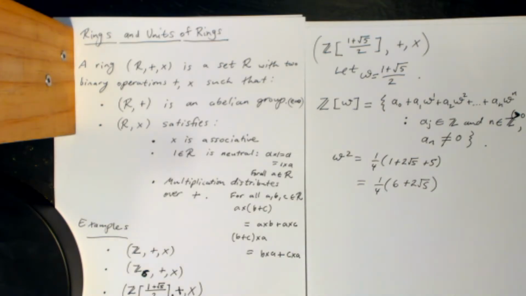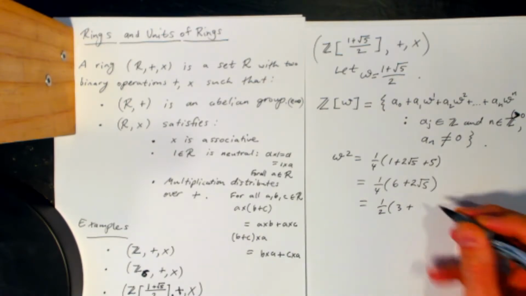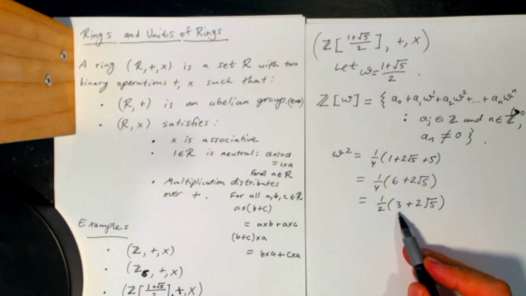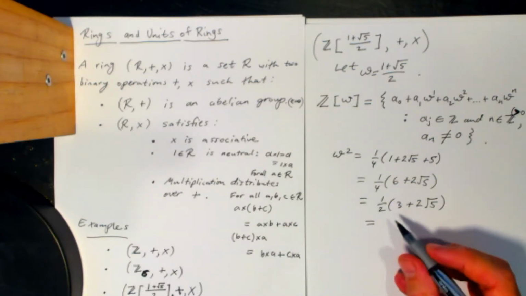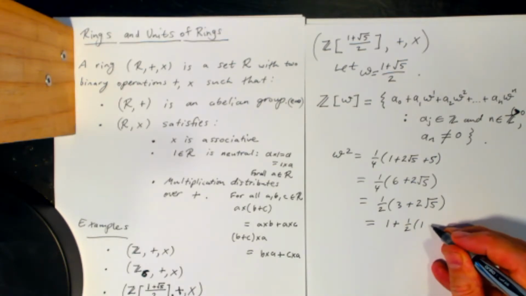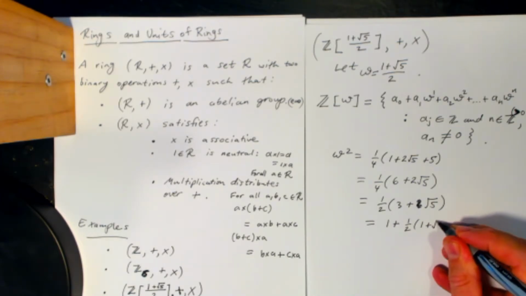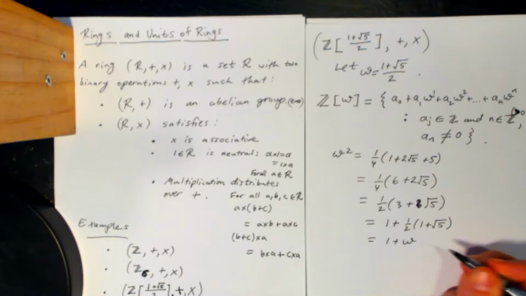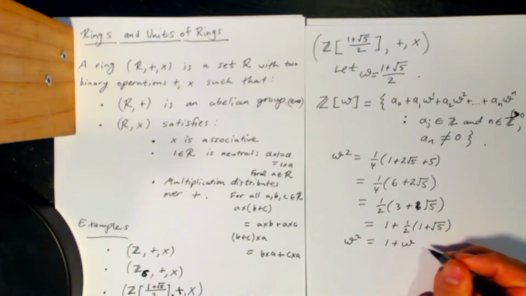Now there's a 2 in both of those, so we can cancel a 2 and say this is 1/2 times (3 plus root 5). Now that 3 is 2 plus 1, and then we can bring that 2 out and say that this is 1 plus 1/2 of (1 plus root 5), which is in fact 1 plus omega. So we've deduced that omega squared is 1 plus omega.